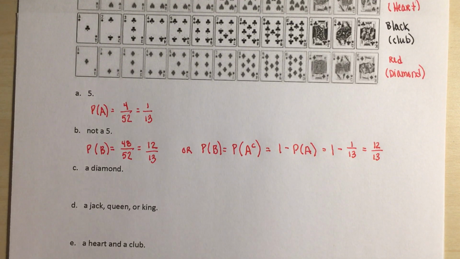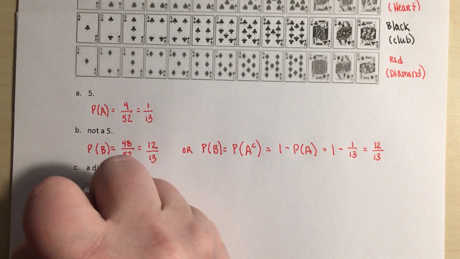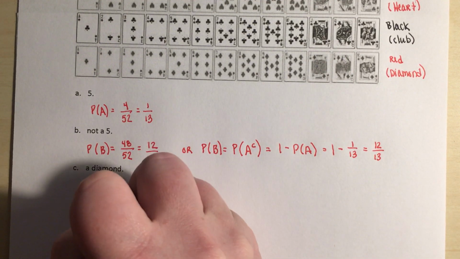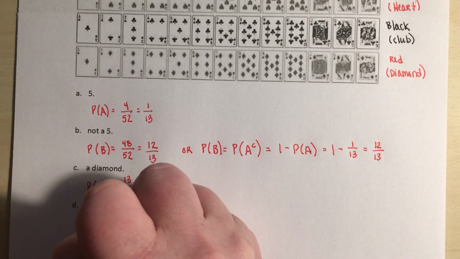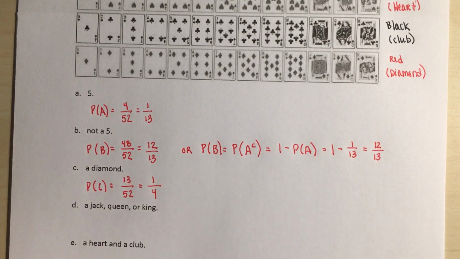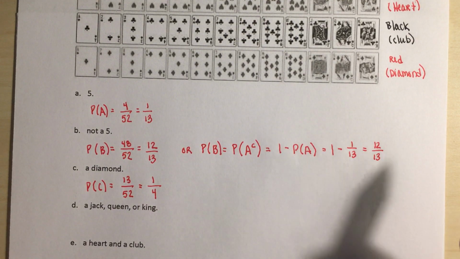Right? The probability of selecting a diamond. We have 13 diamonds out of 52, which reduces to 1/4, which shouldn't be a surprise since it is 1 out of our 4 suits. The probability of drawing a jack, queen, or king, looking up here, those last few rows.